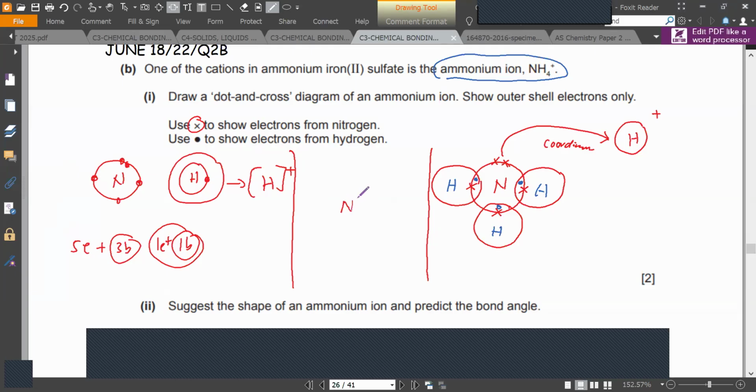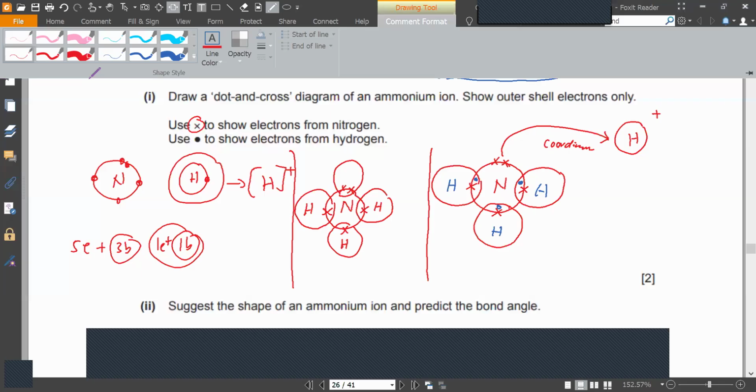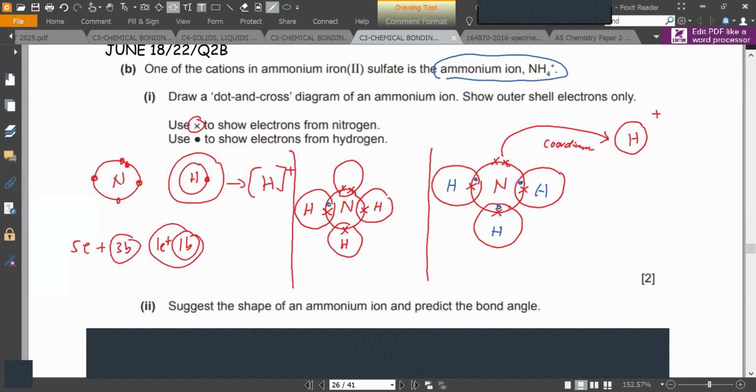Nitrogen, 1, 2, 3, 4, 5. Like this, and then the hydrogen, like this.